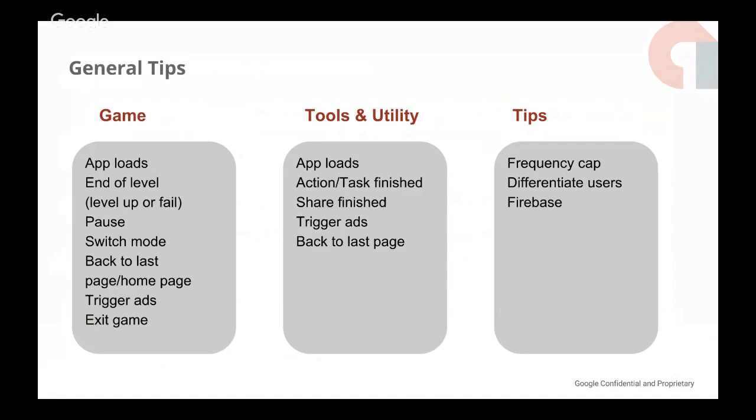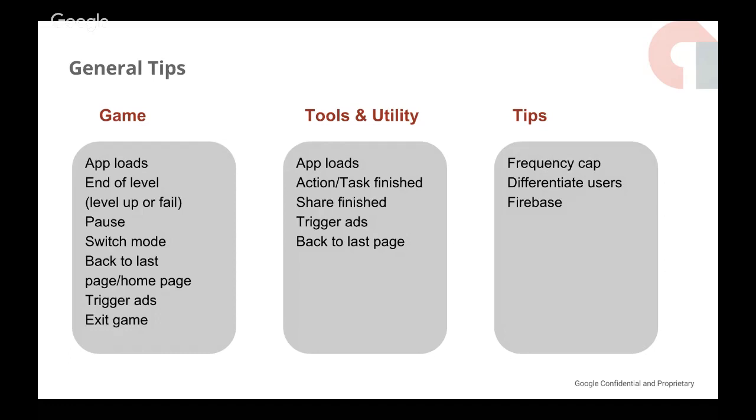When it comes to tools and utilities, the principle would be pretty similar. The key principle is, again, that it has to be at the completion of users' task with your app, and it also has to provide a great user experience when they're using your apps.